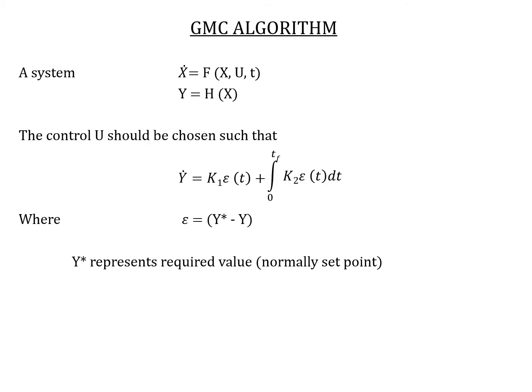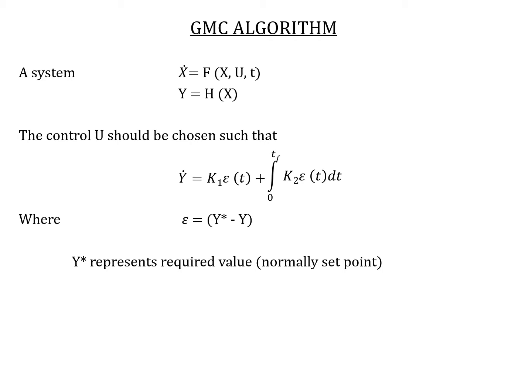In terms of the formulation, a system x dot equals a function of x, u, and t. This is a general formulation for nonlinear systems. It can also be used for linear and nonlinear, so it covers both. And y is a function of x, the state variable, normal formulation. Y is the measurement we need, or the control variable we need to control.